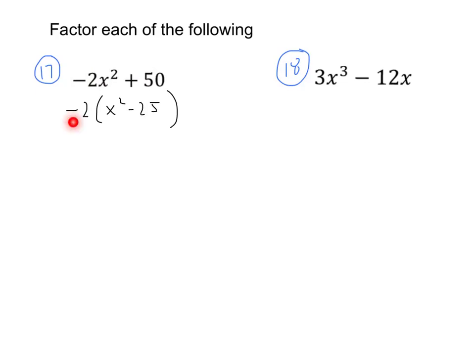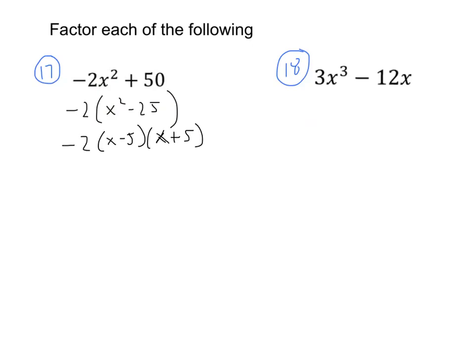Does that make sense? Negative 2 times x squared is negative 2x squared. Negative 2 times negative 25, that's positive 50. That works. And actually, at this point, we can keep on going because this x squared minus 25 does follow our difference of squares pattern. So this factorization would be like this: negative 2 times x minus 5 times x plus 5.